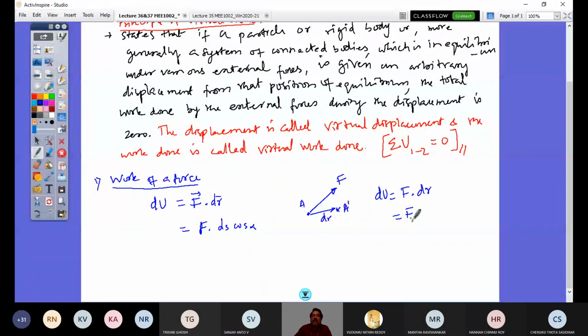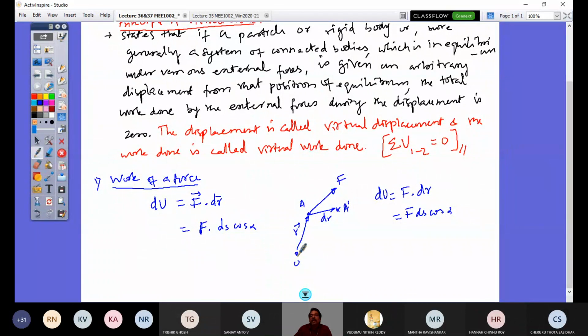So if you see here, I can represent this with respect to a reference point O, where the position of A is given by r vector, and this position changes to A dash by r plus dr vector.